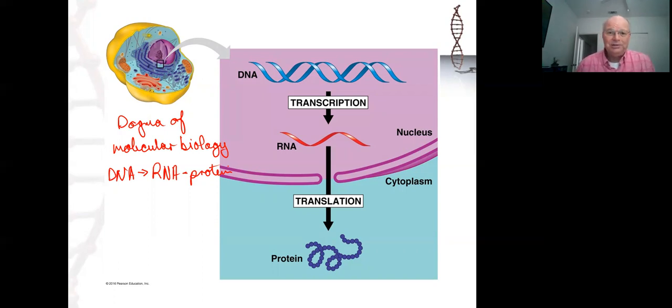In eukaryotes, it's a little bit more complicated by virtue of the fact that the layout of genes in eukaryotic DNA is a little bit more complicated than the simple way the genes are laid out in bacterial DNA, which means that the product of transcription cannot be used immediately by the ribosomes.